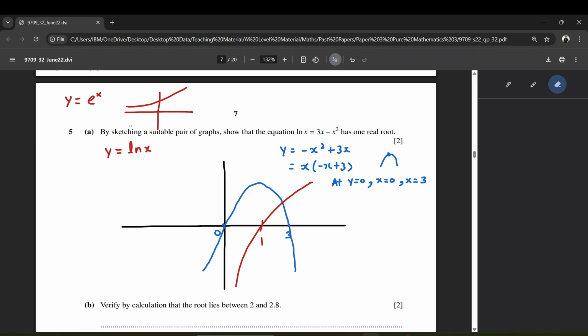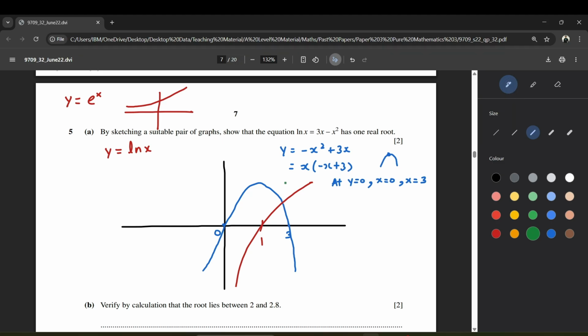So if let's say you don't remember what the graph of ln x is, all you have to do is, because this is pretty easy to remember, the graph cuts at 1 over here. So we draw a mirror line at y equals x, and then we reflect the graph in this line. So if I reflect it, my graph goes something like this.